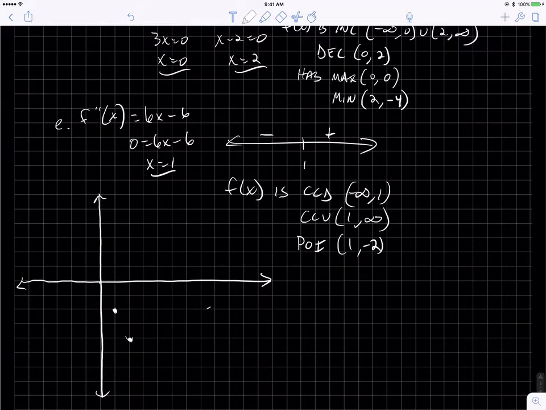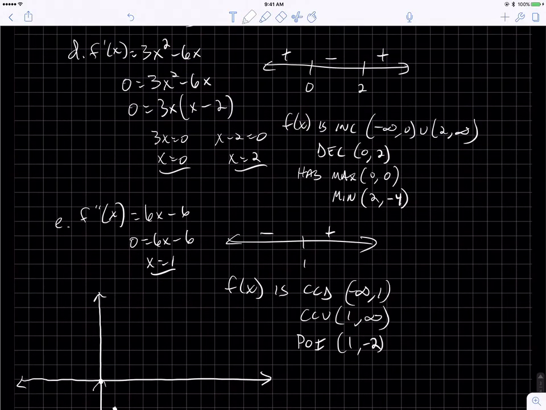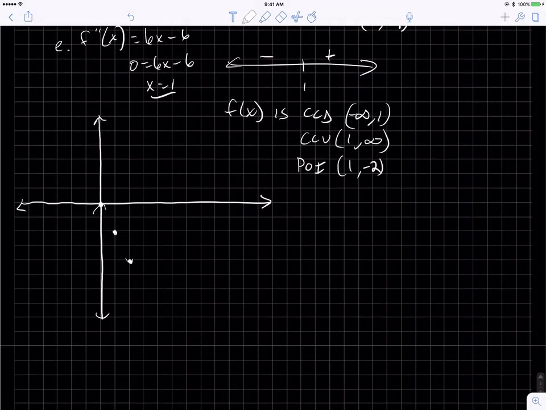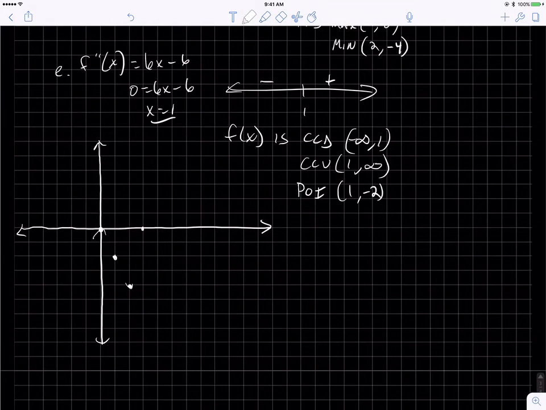I've got (0, 0) as a maximum. I've got (3, 0) as a zero. So I have a pretty good idea of what this thing does. It looks like it does that.